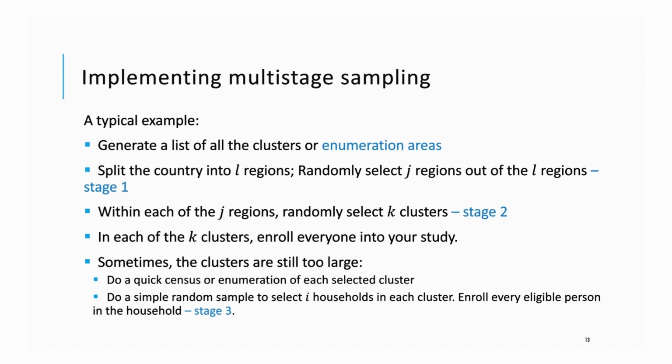But despite increasing the number of people, we will be increasing them in circumscribed geographies. Collecting information from 5,000 people within 40 defined counties in the United States might be easier than collecting information from 2,000 people that are scattered all around the nooks and crannies of the whole of the United States. And that is the logic of multi-stage sampling.